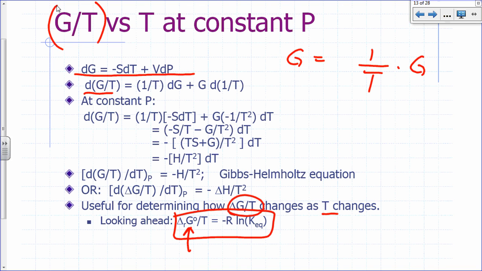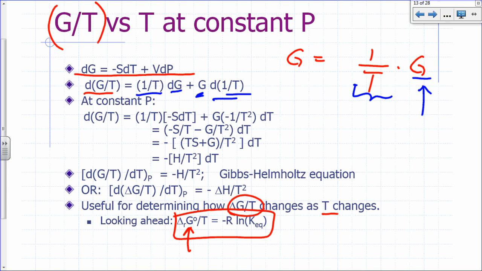So this is the first, 1 over T, times the derivative of G, dG, plus the second, which is G, times the derivative of 1 over T. I'm just using differentials here. You can take the derivative of this with respect to T at constant pressure. So you just divide all of this by dT to get the derivative.